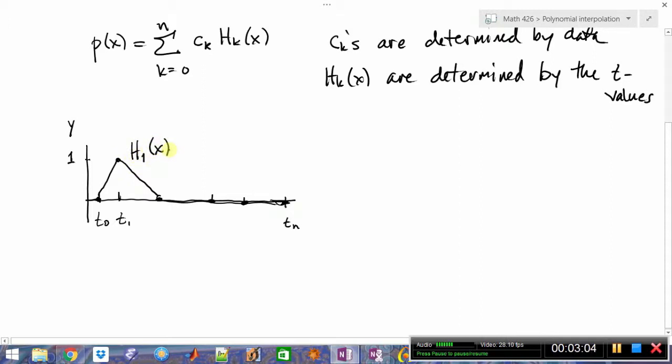I have one of these functions for every one of the nodes. So for example, for the last node, I would just go down to 0 and stay there. So that would be hn of x. So the h's are called hat functions, or sometimes they're called tent functions.